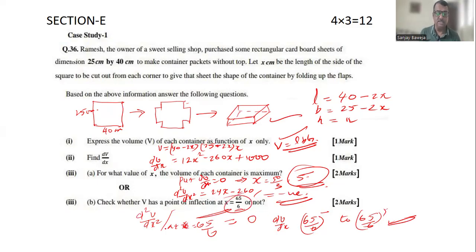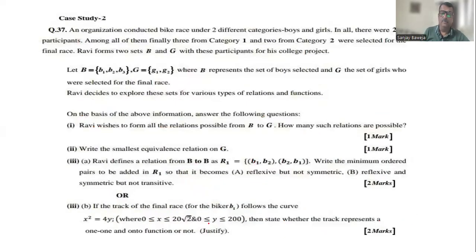These are the two conditions that must be satisfied, right? The first derivative must change sign, either from negative to positive or positive to negative, meaning it should change the concavity, correct? And the second derivative is 0. So yes, x equal to 65 by 6 is the point of inflection. We move to the next question.